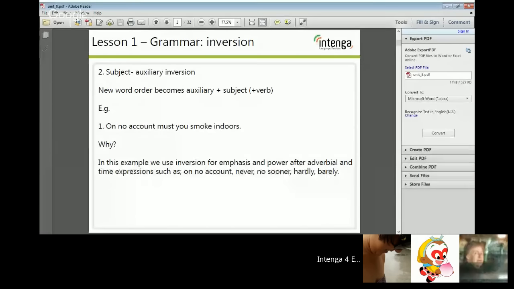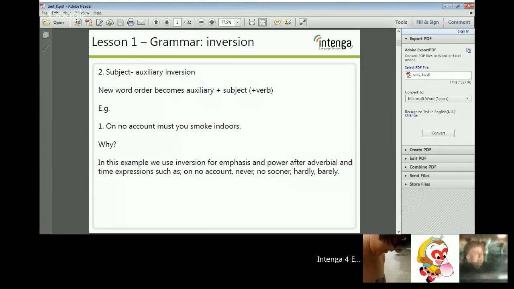This is basically it. And so it says why here. It says in this example we use inversion for emphasis. So there's more emphasis, but that's basically it. Emphasis and power after adverbial and time expressions such as on no account, never, no sooner, hardly, and barely. Okay.